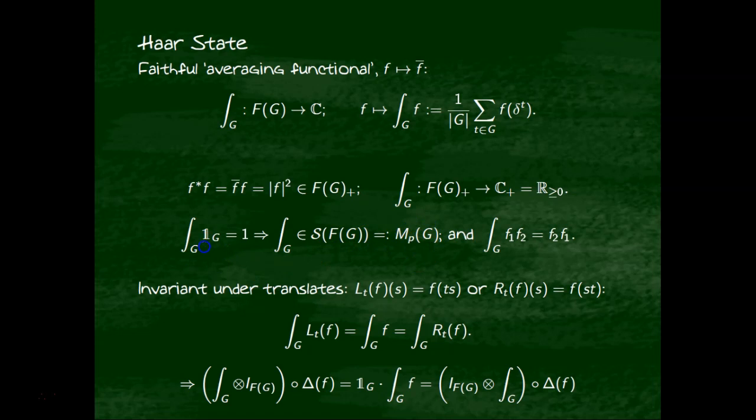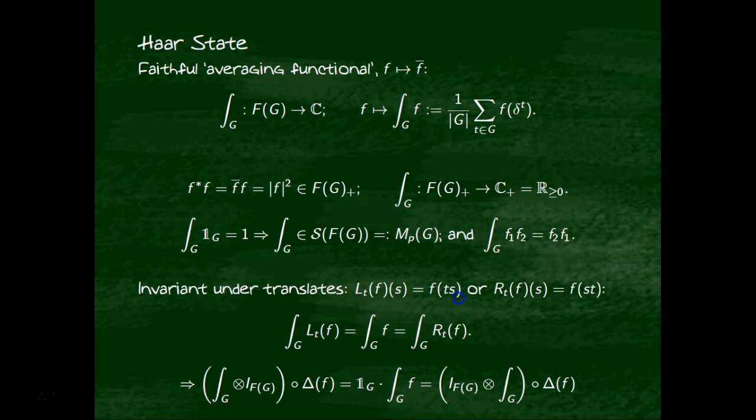And the other thing it has is a kind of property of groups, that they all look the same in certain senses. If you draw what's called a Cayley graph, it looks all the same. And what it means is, if you're averaging a function and you translate it, which means that, say, instead of looking at the average of f, you look at the average of f translated, so take a function's value at s, now look at its value at ts, and average over the s and over the ts, you get the same thing.